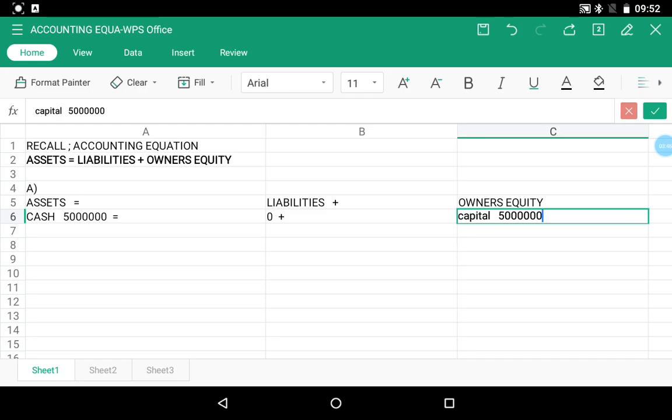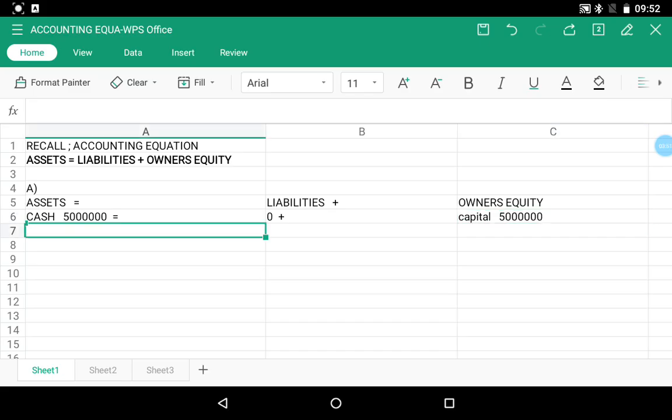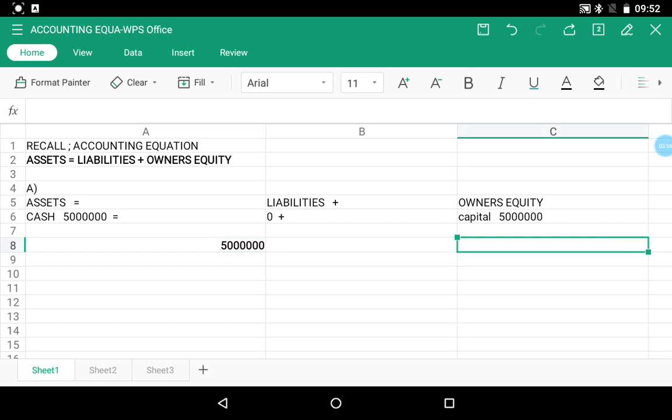That means we are going to first do totals. Our total assets we have 5 million, for cash. Then on the other side, liabilities plus owners equity, we have 0 plus 5 million. 0 is for liabilities, then 5 million is for capital, the one which came in as cash.